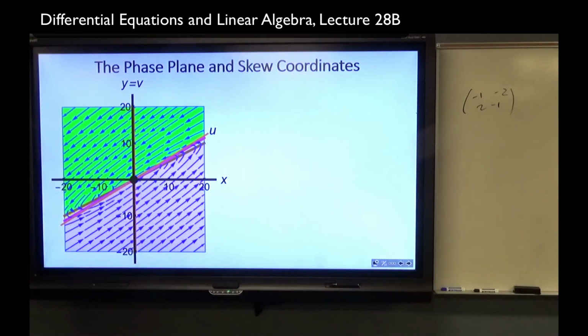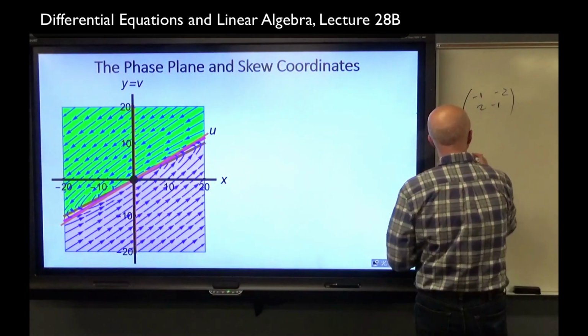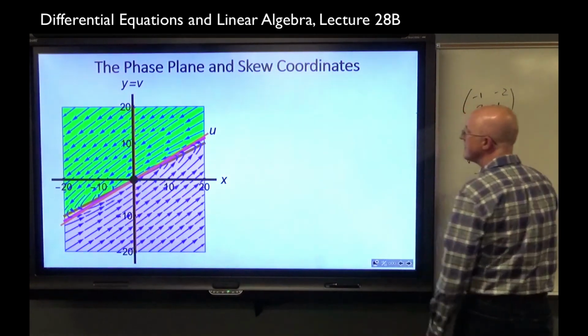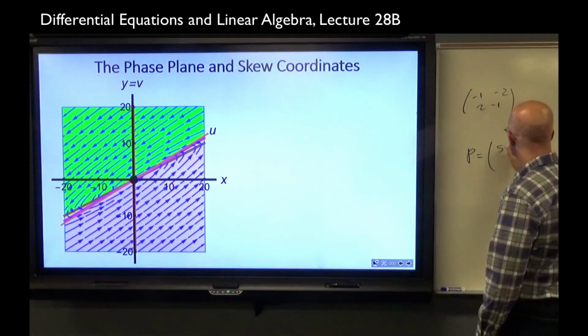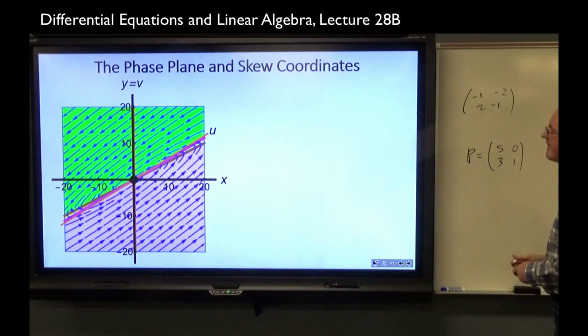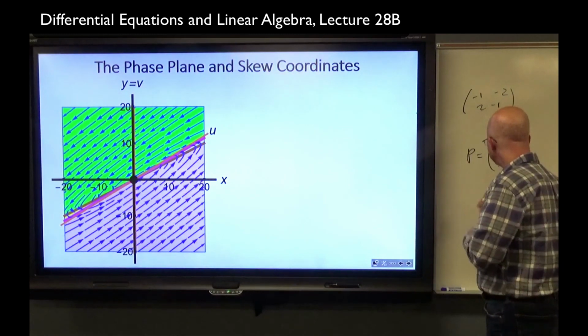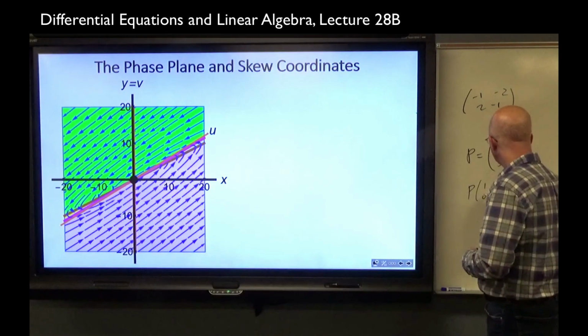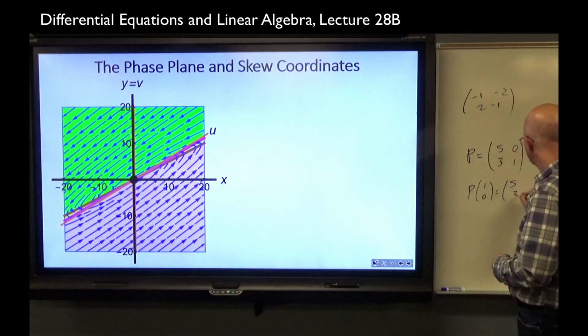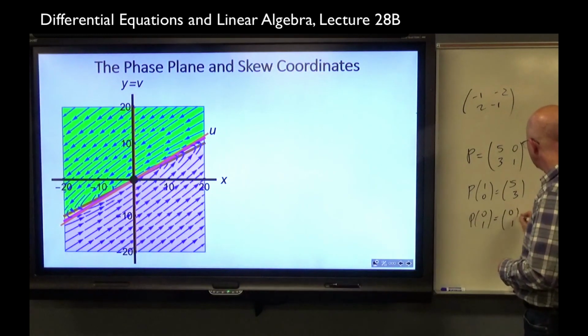The orange lines represent the u and v axes for the coordinate transformation P, where P again was at first column 5, 3, and second column 0, 1. P maps 1, 0 to 5, 3, and it maps 0, 1 to itself.